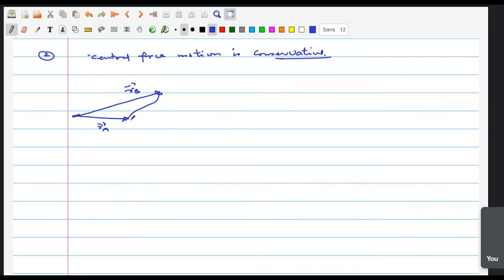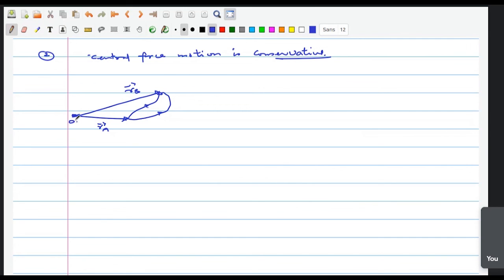So you can take it along an arbitrary path, and the work done will be the same. The total energy remains conserved here in this case. There are infinite number of paths you can take from RA to RB, but the work done will always be the same.